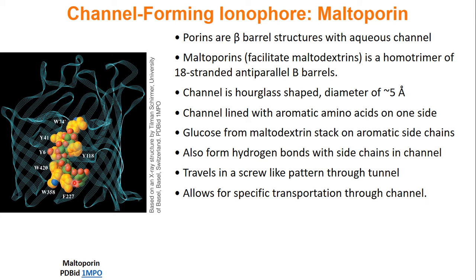You'll have base stacking, and this helps to bring the maltodextrins through the channel. You also have a bunch of hydrogen bonds interacting with the OHs of your dextran. So you have a perfect fit to bring these sugar molecules across. The aromatics are base stacking with your sugar, and you have hydrogen bonds to help them snake through this channel.